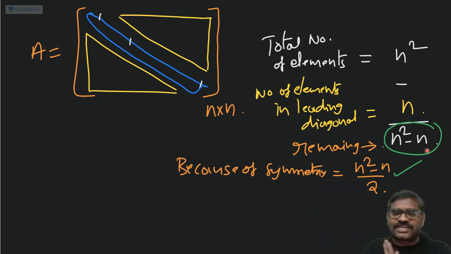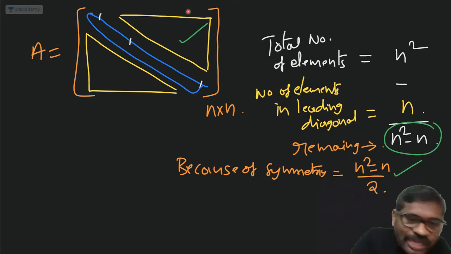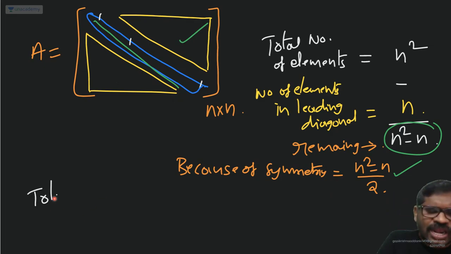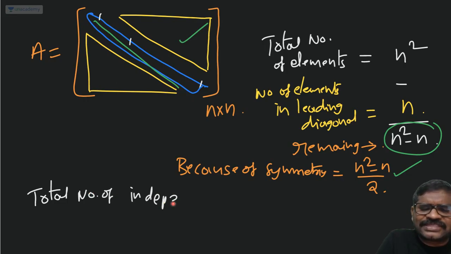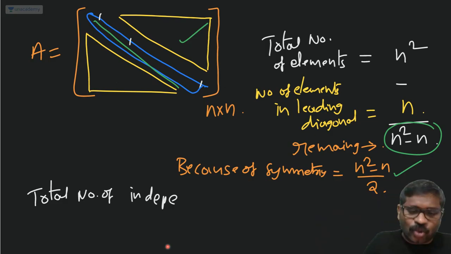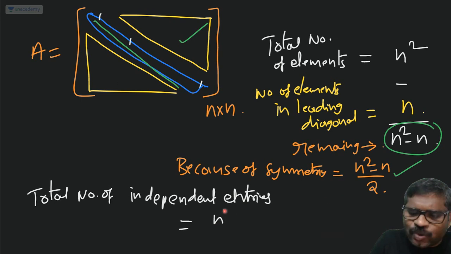Okay, now concentrate. If you take only n square minus n by 2, you will get only the entries above the leading diagonal. Sir, what about the leading diagonal? Compulsorily I have to add. Therefore, the total number of independent entries, meaning distinct blank places, is equal to n square minus n by 2 plus n.